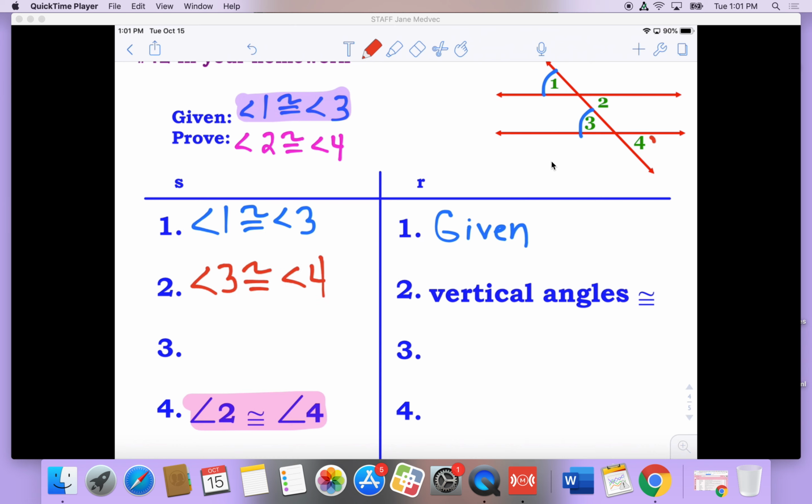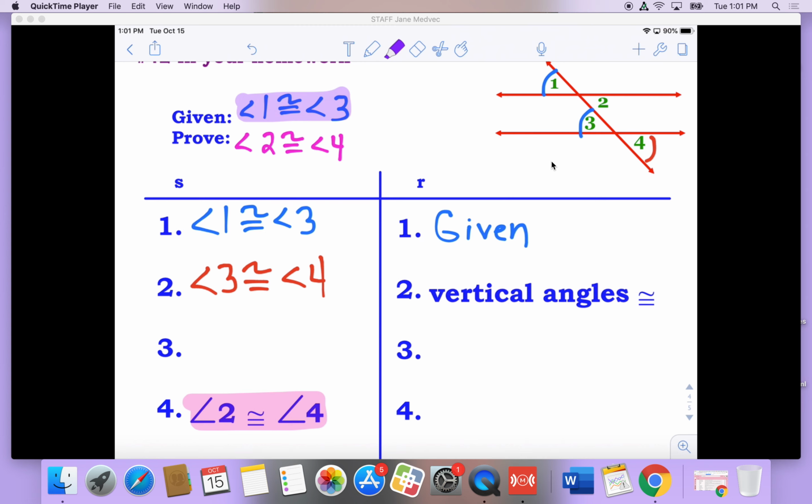And it is vertical angles are congruent. Notice that when they have the reason, they don't just put vertical angles, but they also put congruent, because angles can be congruent, they can be complementary, and they can be supplementary. So you want to make sure you put that congruence on the end. Don't just write vertical angles. Okay? So I got that done.